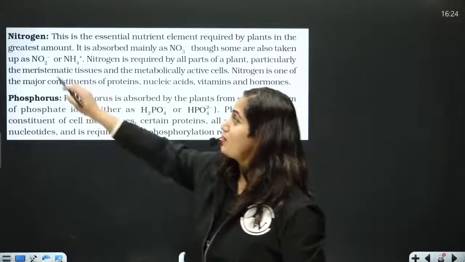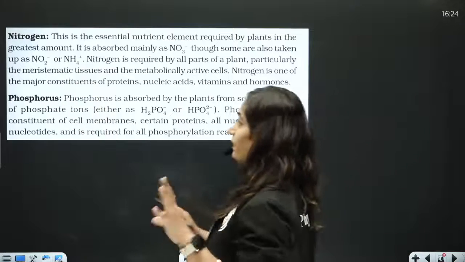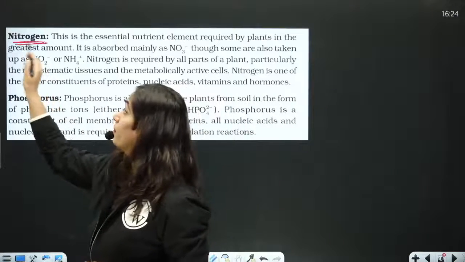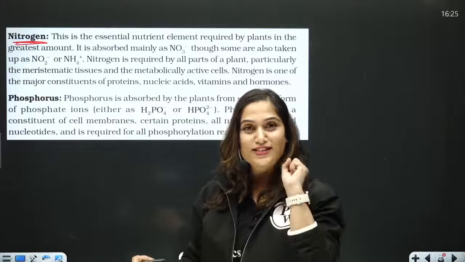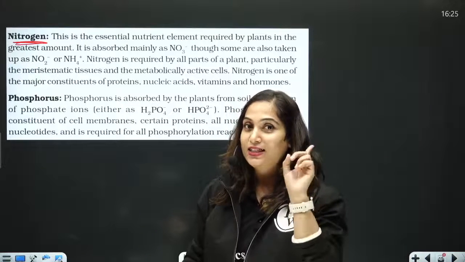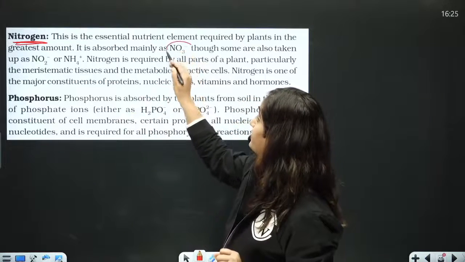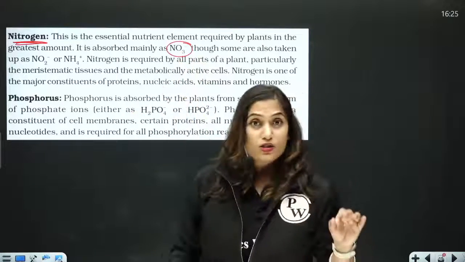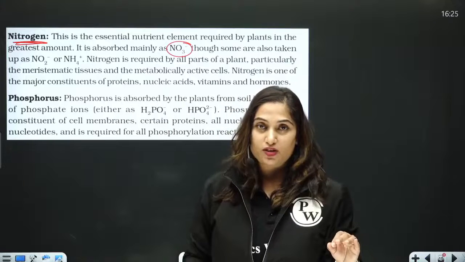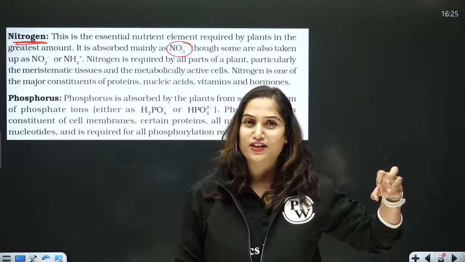Let's first go to nitrogen. What you have to remember here is in what form the plant is taking that particular element from the soil. The plant takes nitrogen in the form of nitrates. The most preferable form in which the plant absorbs nitrogen from the soil is nitrate.